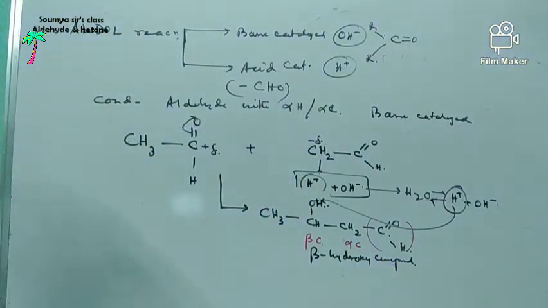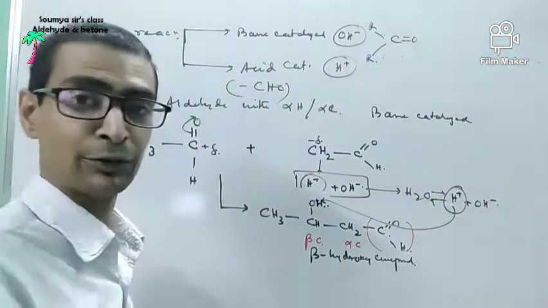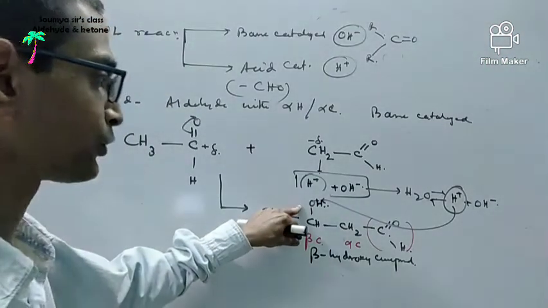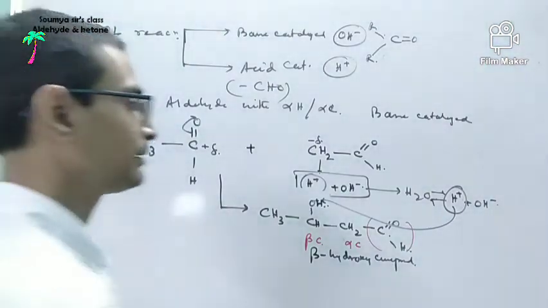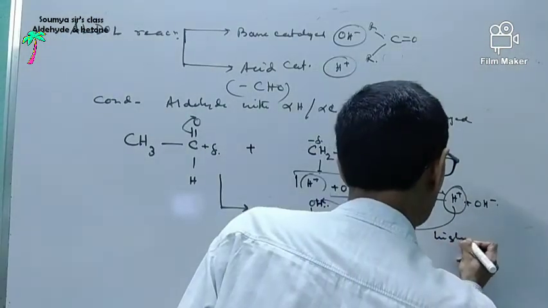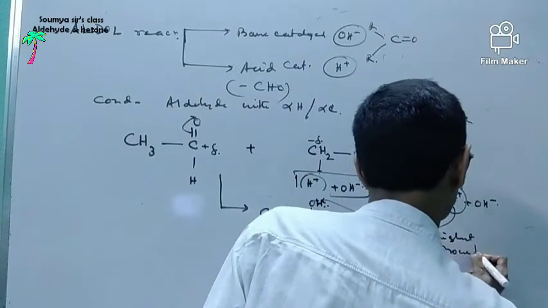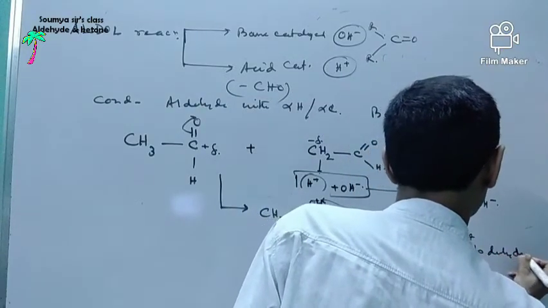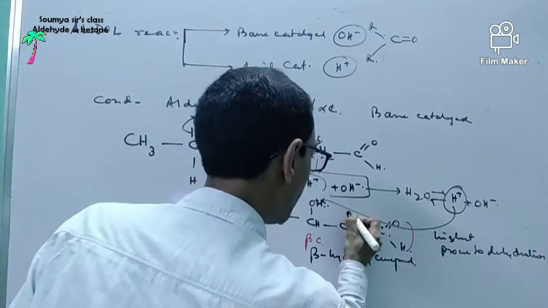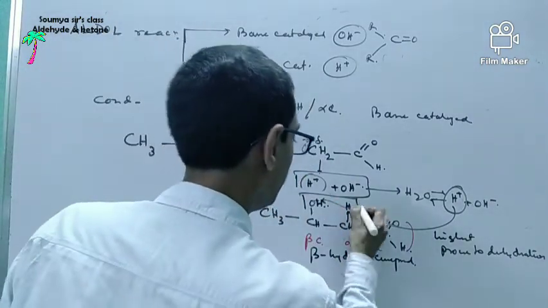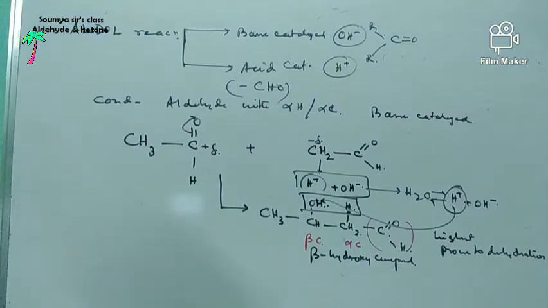Beta hydroxy compound. As I have said earlier, beta hydroxy is highly prone to dehydration. Technically, it is very unstable, and taking one alpha H, it releases one water molecule.